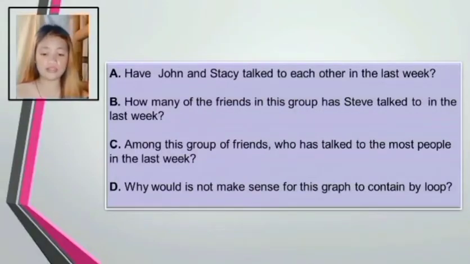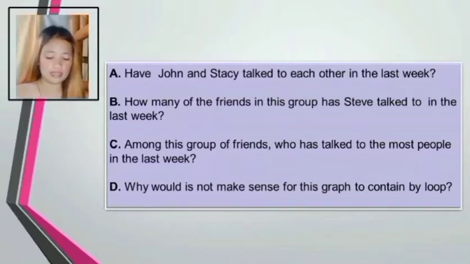Number 1, or letter A, have John and Stacy talked to each other in the last week? So yes, John and Stacy have talked to each other last week. Letter B, or number 2, how many of the friends in this group has Steve talked to in the last week?